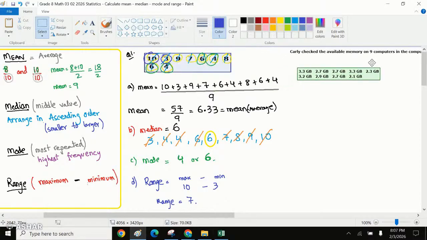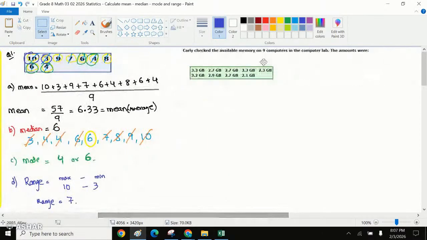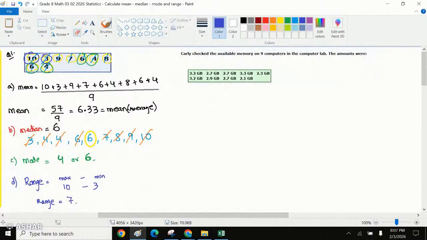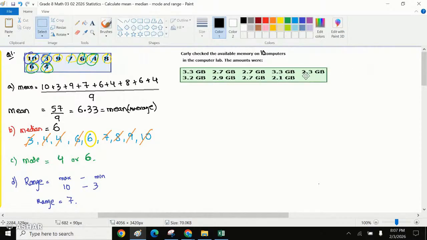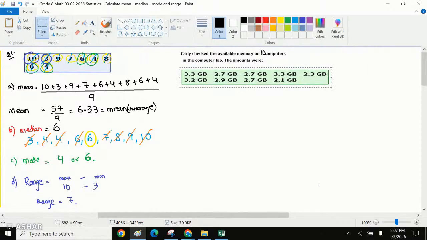I'll move ahead with this. And this says we are changing this to 10. Okay, this is the information given to us. Okay, I will add one more to this. If I would say 2.0 GB.